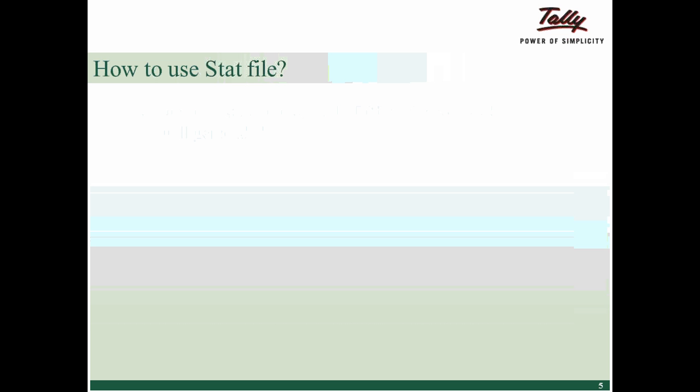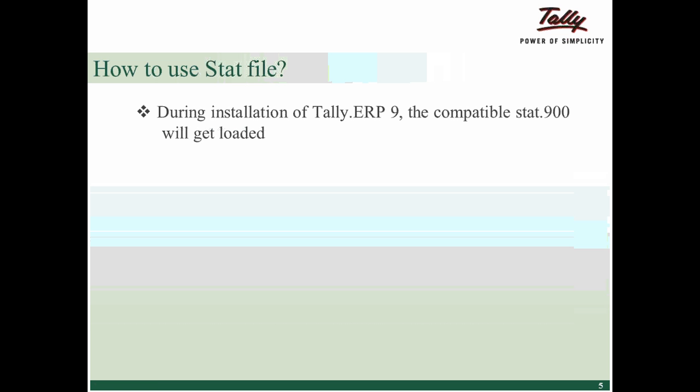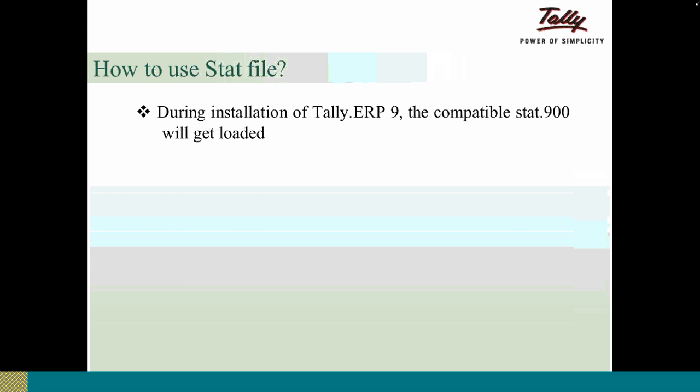So how to use stat file? During installation of Tally.ERP 9, the compatible stat.900 file will get loaded. That means when you install Tally, by default in Tally.exe, a compatible stat file will be loaded automatically.